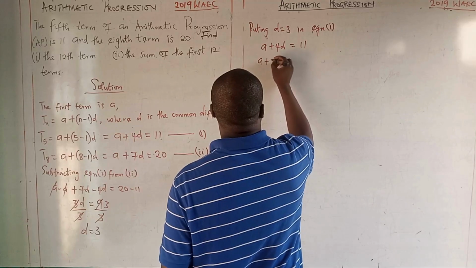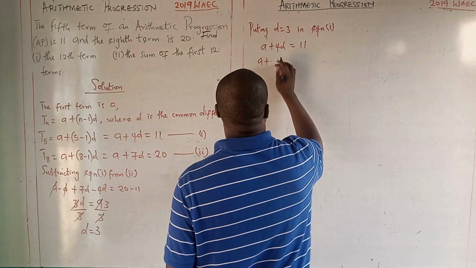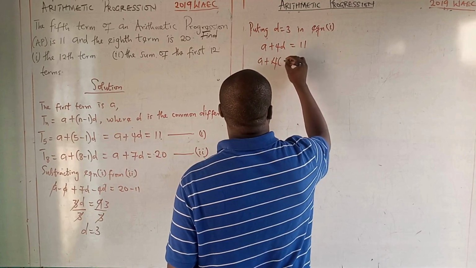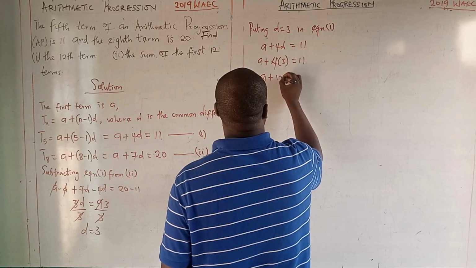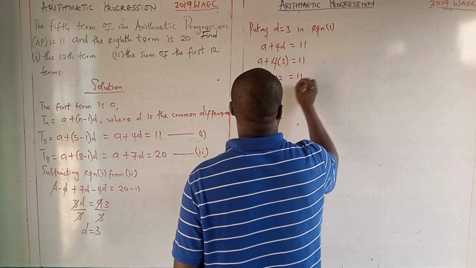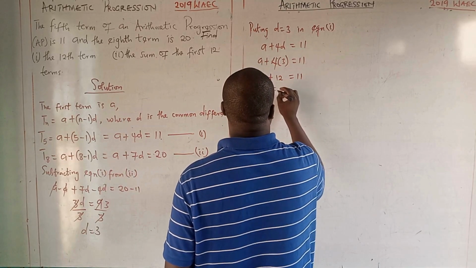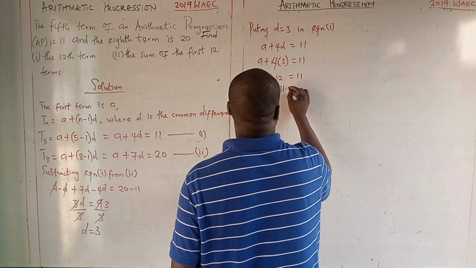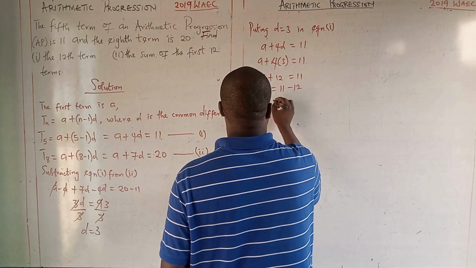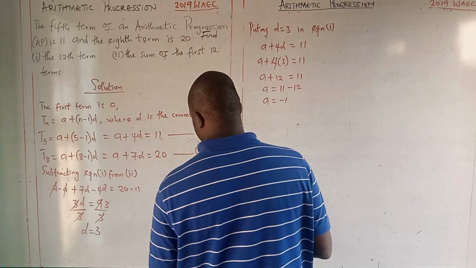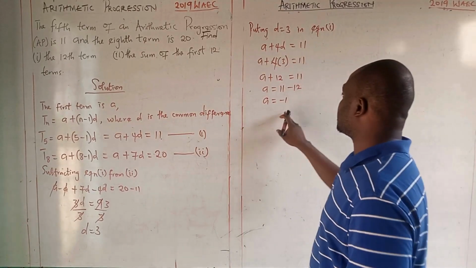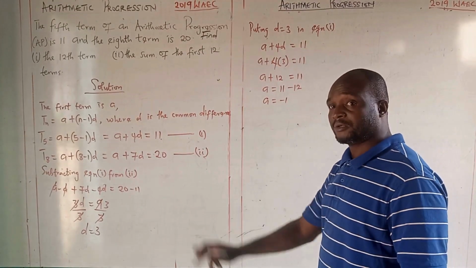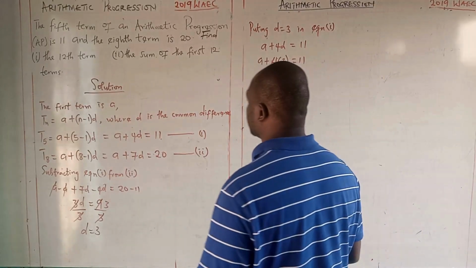That means A plus 4 into 3 equals 11. That means A plus 12 equals 11. That means A equals 11 minus 12, A equals minus 1. Now, what does that mean? It means our first term is minus 1 and the common difference is 3.